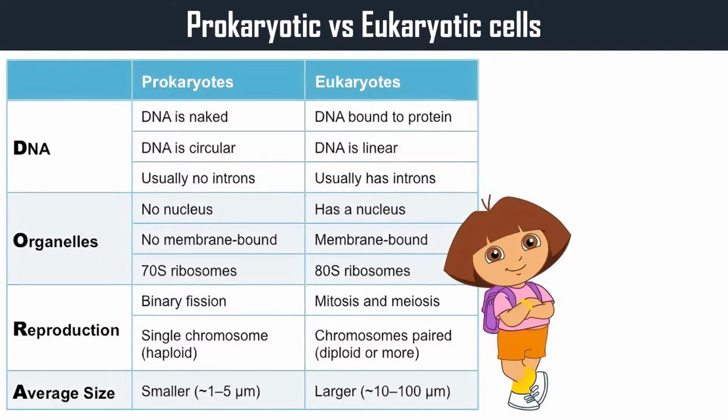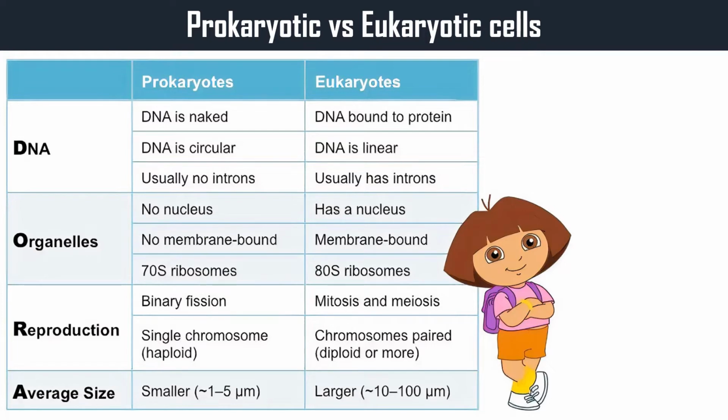Average size in prokaryotes is smaller, which is 1 to 5 micrometers, and in eukaryotes they are larger, which is 10 to 100 micrometers. So, to remember the difference between prokaryotic and eukaryotic cells, you need to remember DORA.